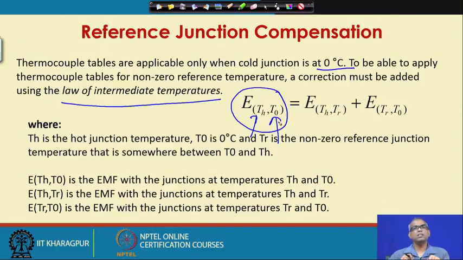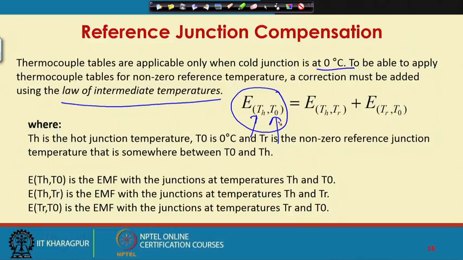Now, if I consider temperatures T1 and T3, then the EMF produced will be E1 plus E2. So, this is the law of intermediate temperature. The same law can be applied to find the correction factor when we do not keep the reference junction at 0 degree Celsius.